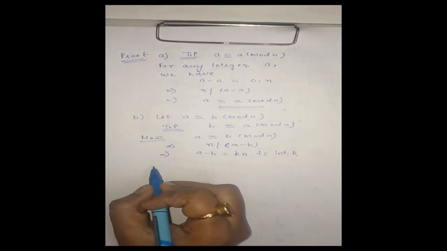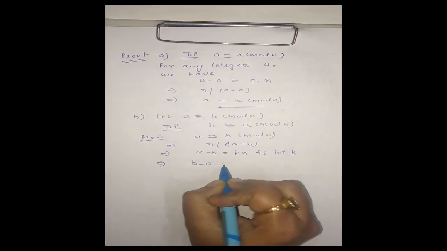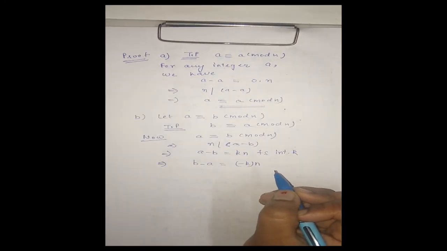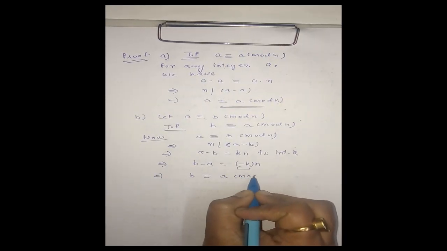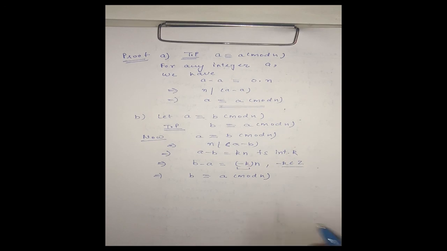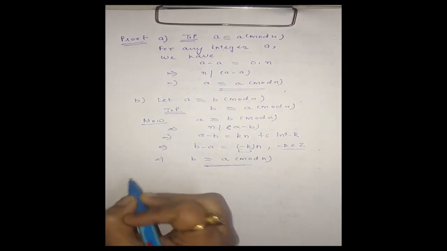Clear? And this will imply b minus a is equal to minus k into n. I can write in this way. And minus k is again an integer only. And this will imply b is congruent to a modulo n. Clear? This is my symmetric property.